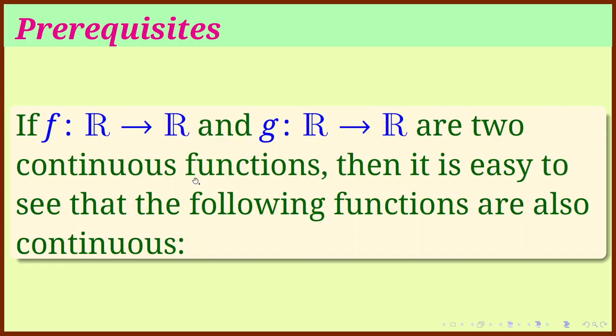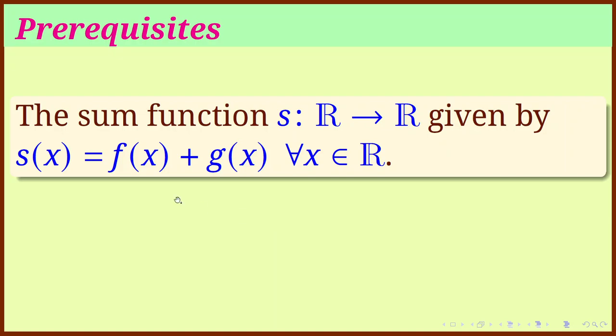If f and g are two continuous functions, then it is easy to see that the following functions are also continuous. What are those? One is the sum function s from R to R given by s(x) equals f(x) plus g(x) for all x in R. f and g are continuous, so if we define a function s like this, it will also be continuous.